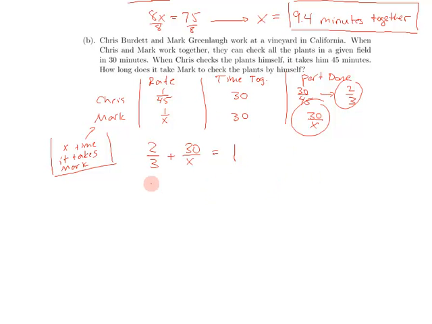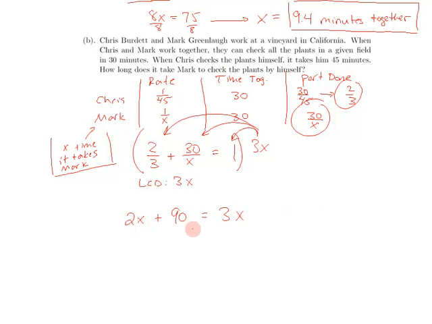That's our equation that models this problem under, again, the assumption that they're working at nice constant rates. Now find the LCD, which clearly in this case is 3 times x, and let's multiply through by 3x. Distributing this to each term in the equation. 2/3 times 3x is going to give me 2x, plus the x's cancel, plus 90 is equal to 3x.